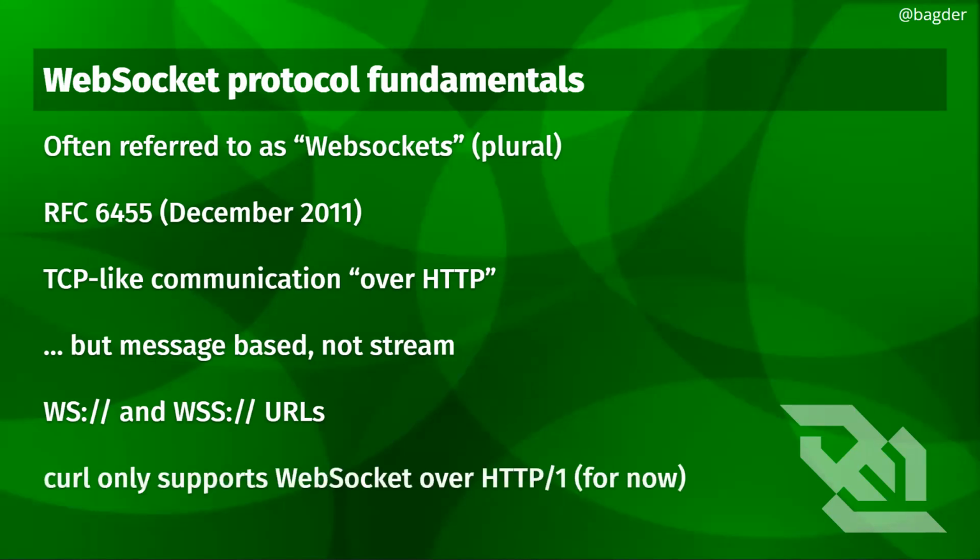And a key thing here is that so far the support in curl and libcurl is only done over HTTP 1. You can actually do WebSocket over HTTP 2 as well with a little extra thing. I mean, there's a protocol defined and there's an RFC for how to do it. Curl itself does not do that at this point in time. I'll get back to that little detail.